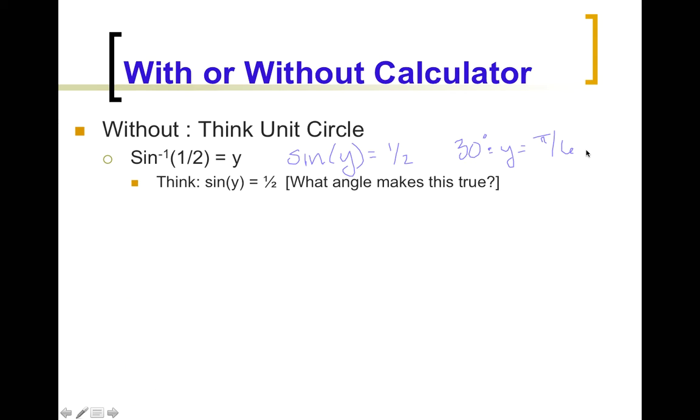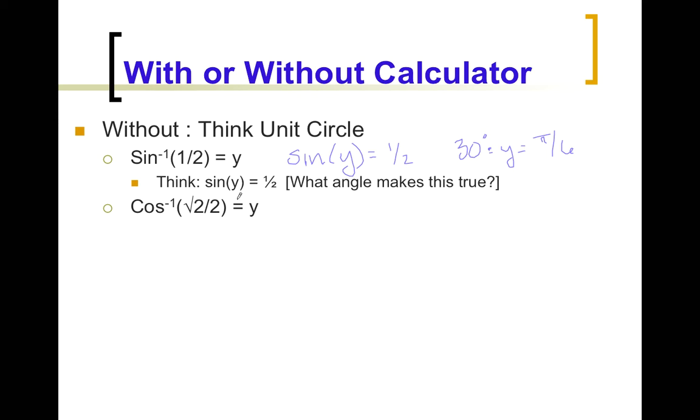Likewise, we can say cosine inverse, we can say tangent inverse. Whatever these problems come down to, it really comes down to knowing your unit circle. Here I'm looking for cosine inverse of root 2 over 2 is equal to y. Well, this has to come from either quadrants 1 or 2, as defined in cosine inverse.